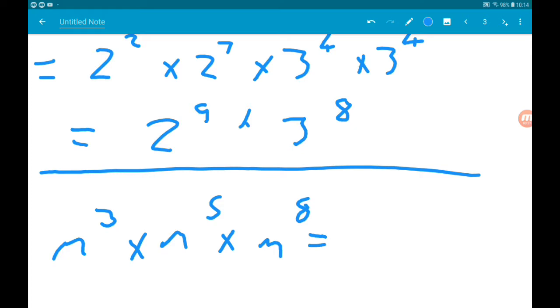We just add across the powers, so we're going to get m to the 3 add 5 add 8, which is m to the 16. Okay, so hopefully this has given you a feel for how this rule works.